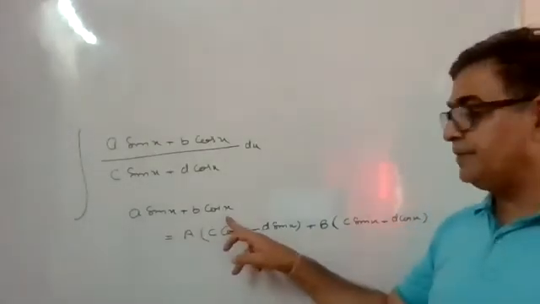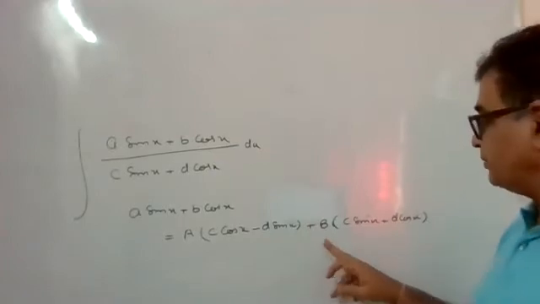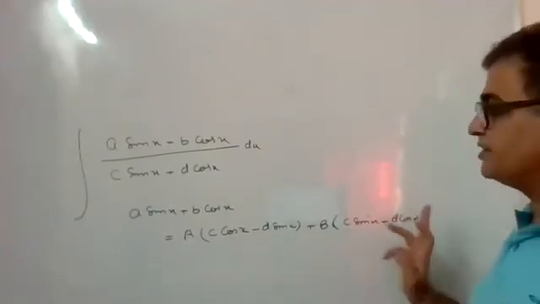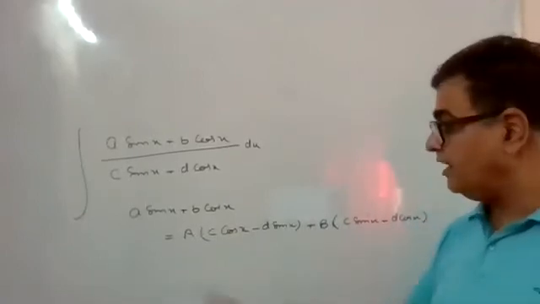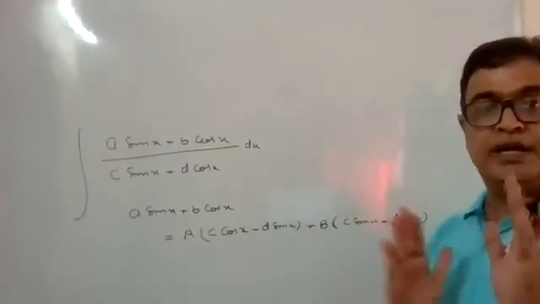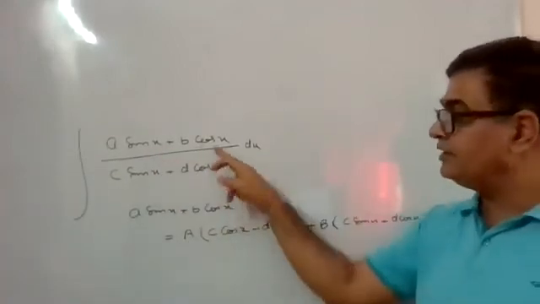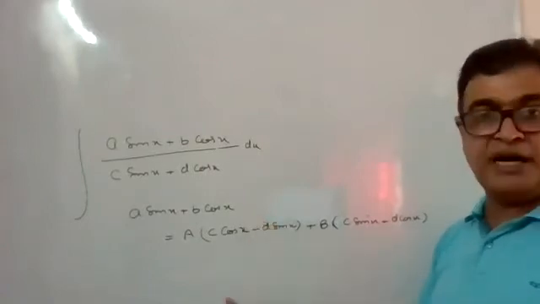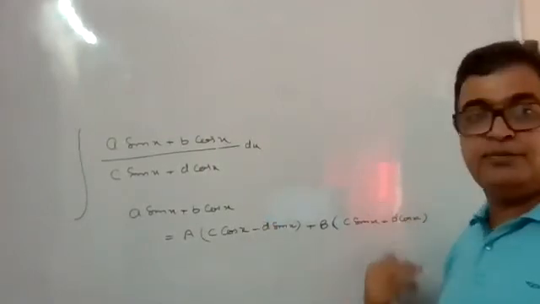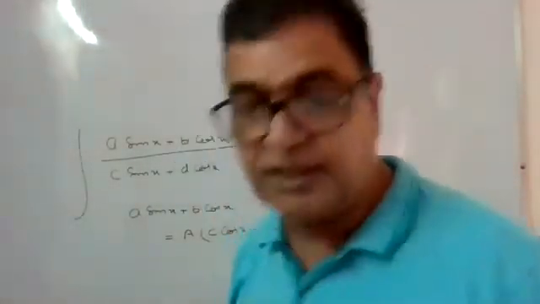So a sin x plus b cos x we'll write as a times c cos x minus d sin x plus b times c sin x plus d cos x, and then we'll compare this and find out what the a value and b value are, and after that a and b will be placed. In place of this total I'll place here. One time it will be the derivative by the denominator and the second time it needs to get cancelled out. By the question it will be more clear. Write down please.